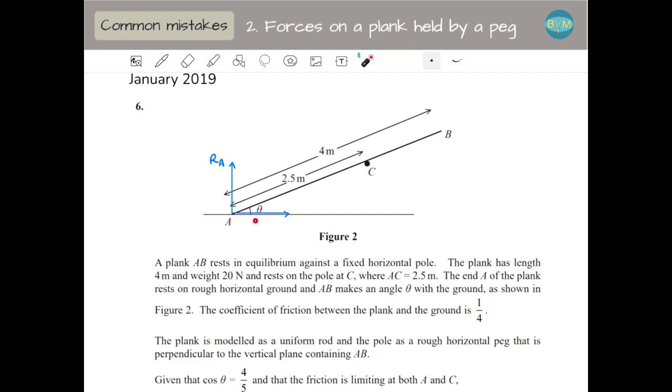If this surface has no friction and is something like ice, the plank would slip down this way. So the friction goes against that. That's precisely what is stopping the plank from slipping down.